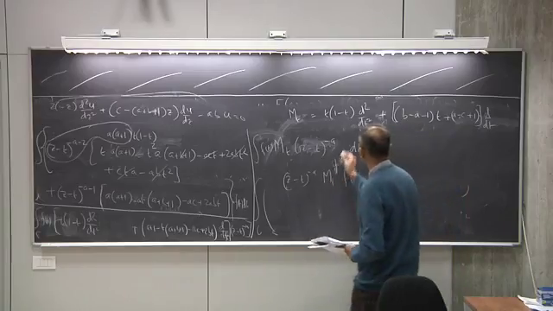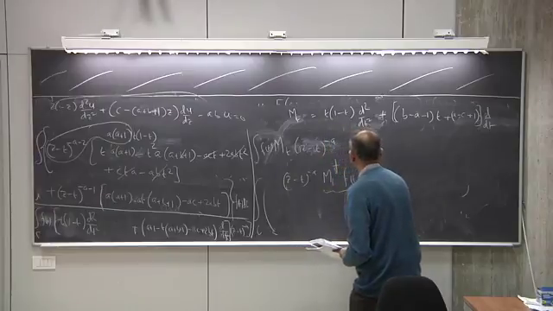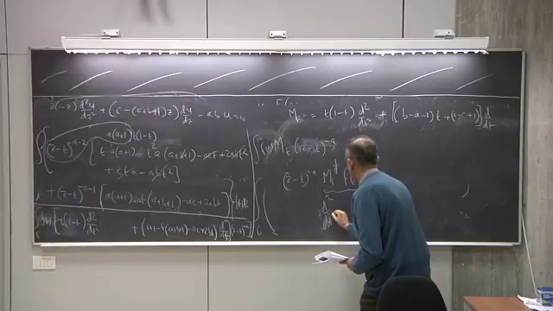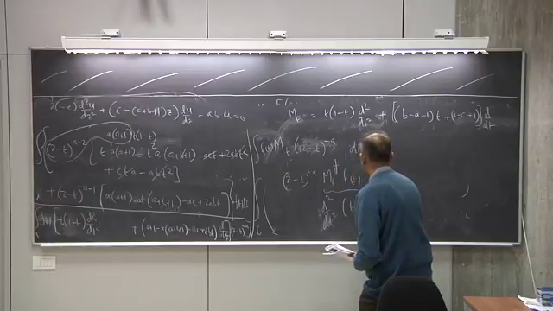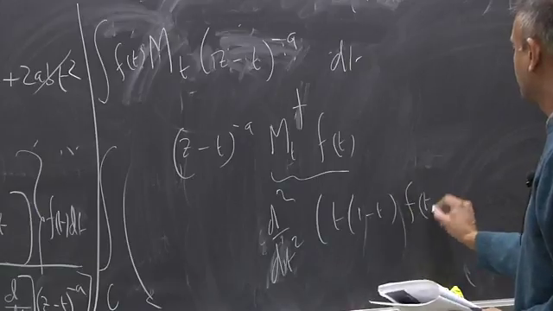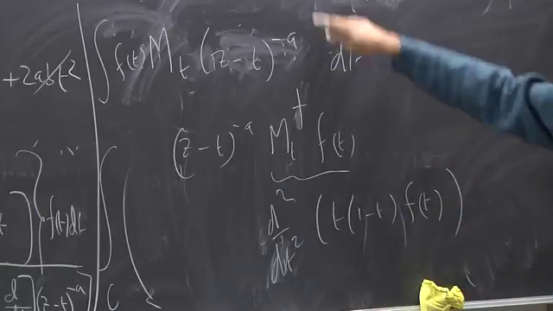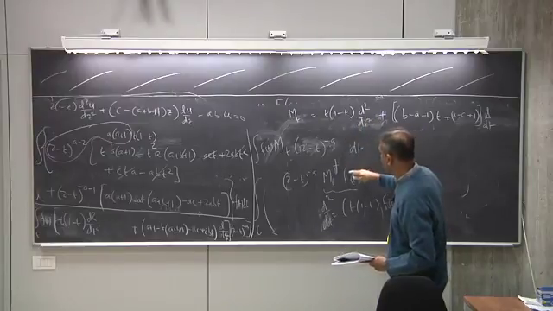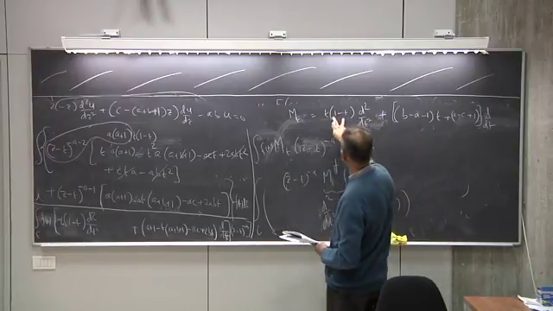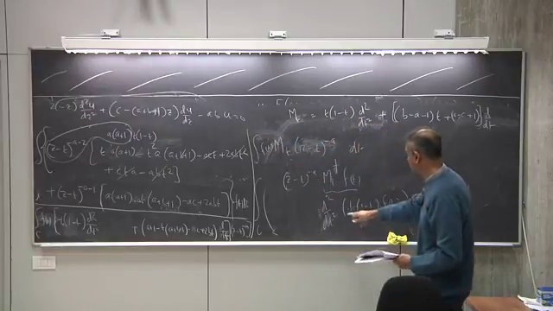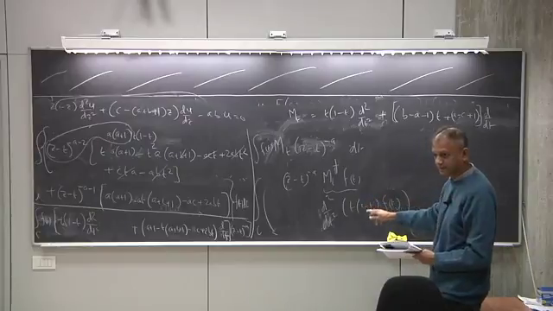And what is M t dagger? This quantity is nothing else but d2 by dt2 of t times 1 minus t times f of t. The first term is this derivative: you have f of t times that, and when you take two derivatives, this acts on everything here.